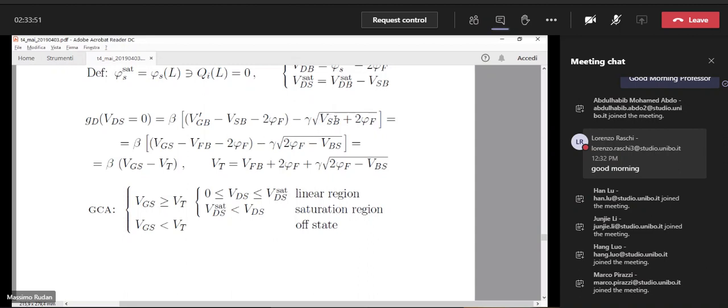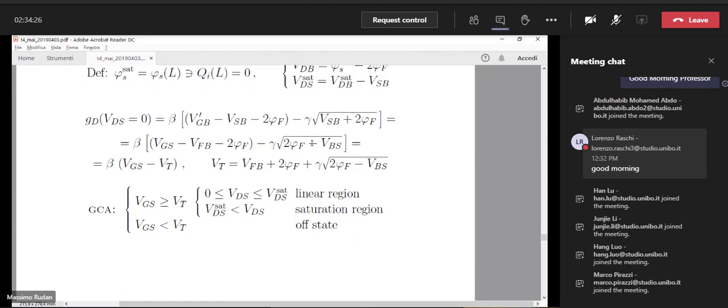In the square root, well, we can simply say that VSB is equal to minus VBS. It's just the same voltage in reverse. Of course, VSB for the N-channel device is always non-negative. That means that minus VBS is always non-negative. So we don't have any problem in having a minus sign under the square root because VBS in itself is negative. Okay.